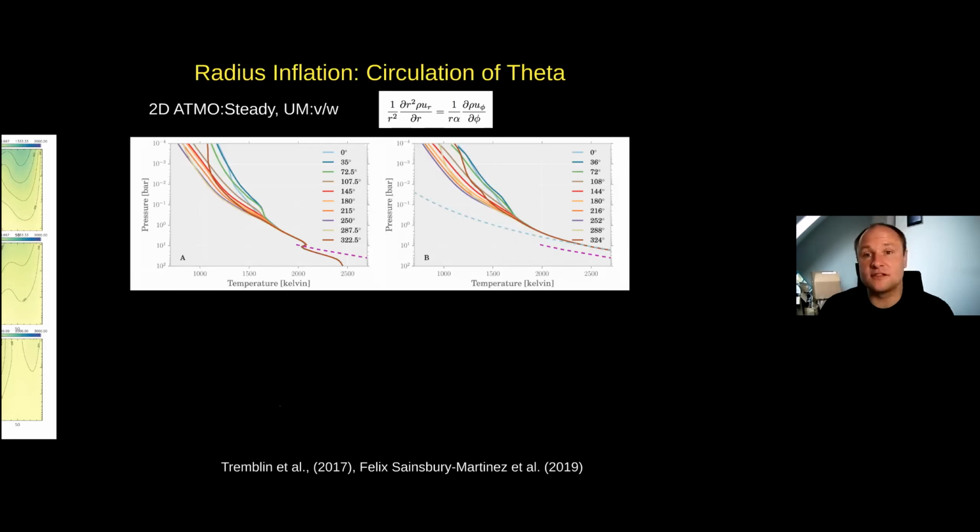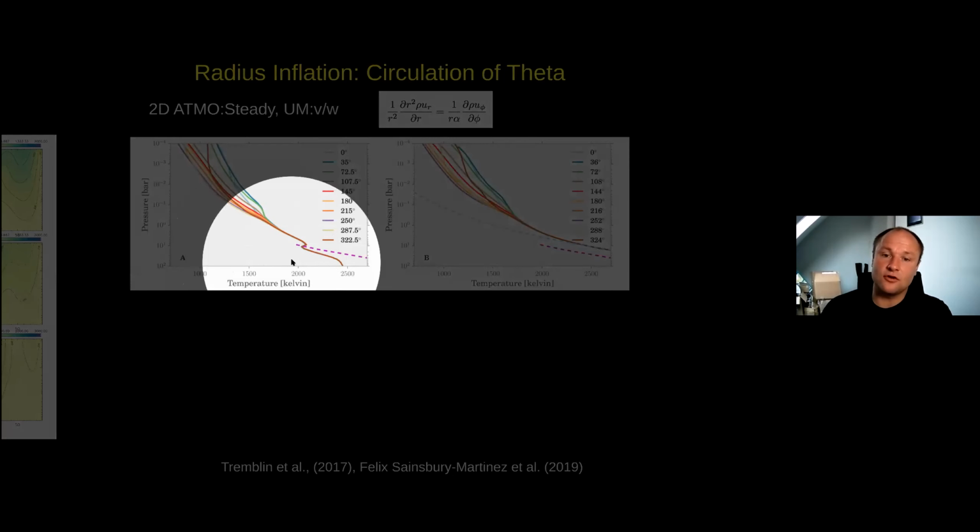Working very closely with Pascal Tremblin, who really led this work, we looked initially at the simulations we'd run for a hot Jupiter and observed that in these temperature pressure profiles at different longitudes, the deep atmosphere was starting to heat up. This kink here is where the initial condition is heated slowly from above, and as the simulation moves on, it heats and heats.